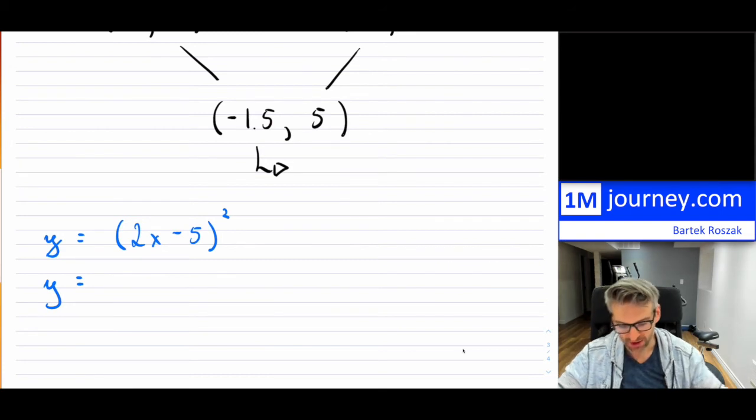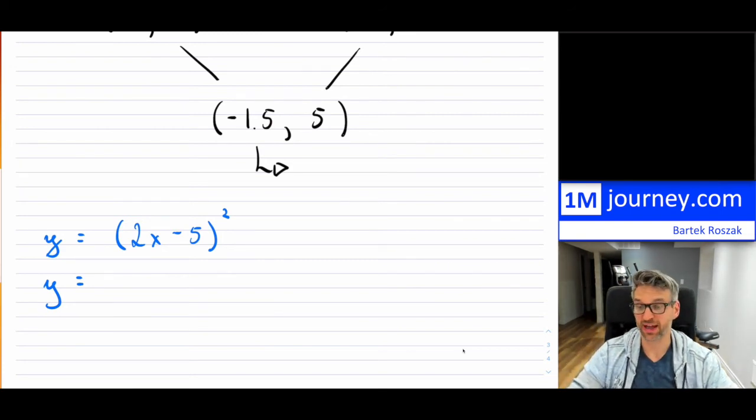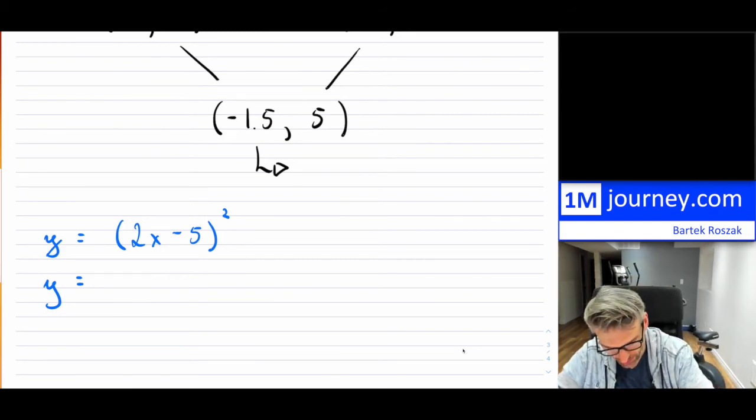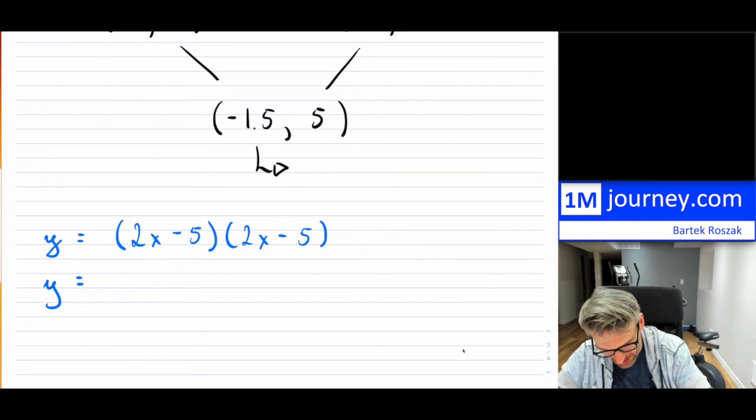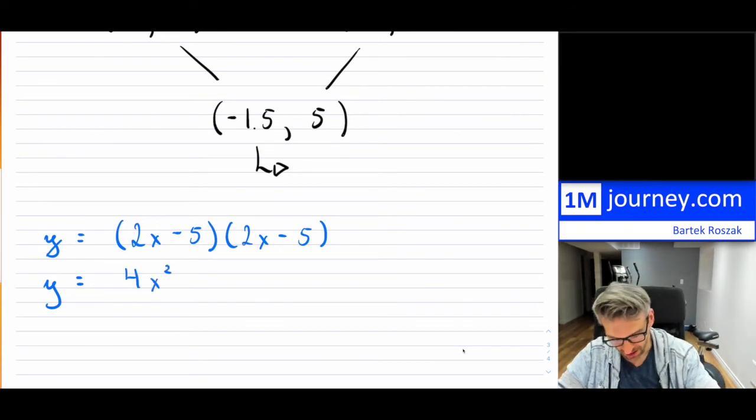Now, however, I do want to show you that the method that I just used above works for these as well. So I will expand this out, and if I expand this out, then what I will have is 2x minus 5. That's going to give me 4x squared. Then the 2 times the -5 is going to give me -10x. And then I'm going to get -10x again.